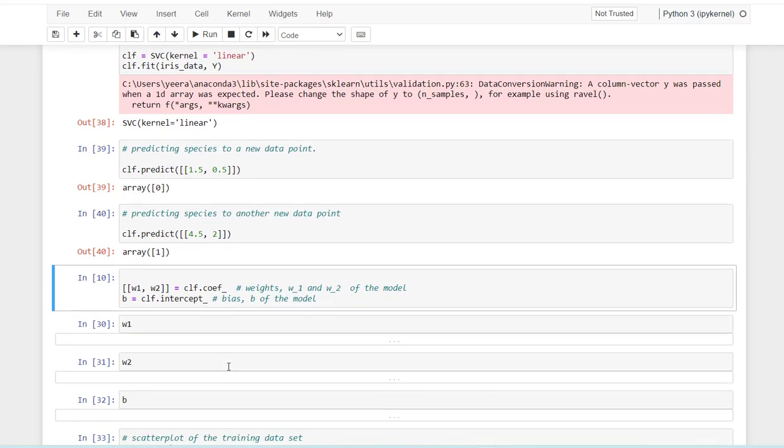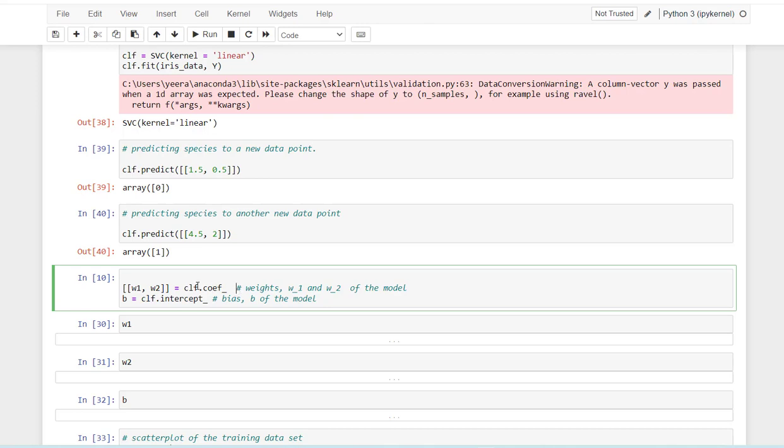Okay. So now what do we mean by training the model, right? As I already told you, training the model means finding the values of W1, W2 and B. This is how we can get these values. W equals clf dot coef underscore, which means coefficient.